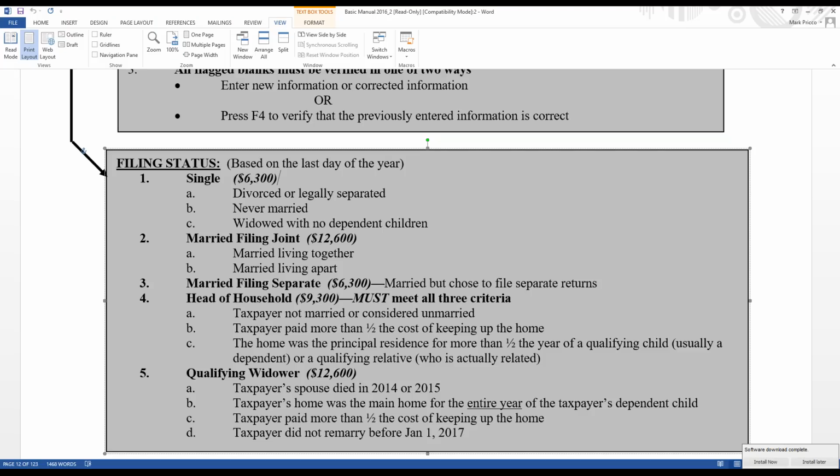When they file, the other spouse would file and sign as surviving spouse. First year it's joint. Then for the next 2 years, as long as there are dependent children living with that widow, they can file as filing status qualifying widower for the next 2 years. Then in the third year, they're either going to file as single or head of household, which we'll talk about in a second.